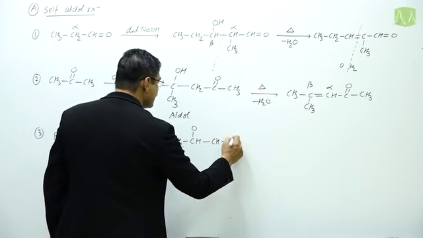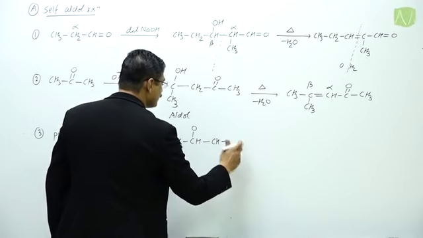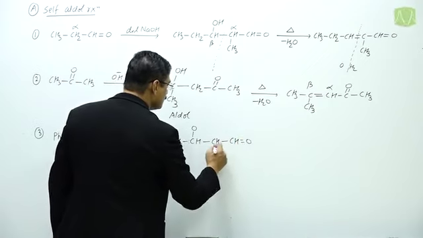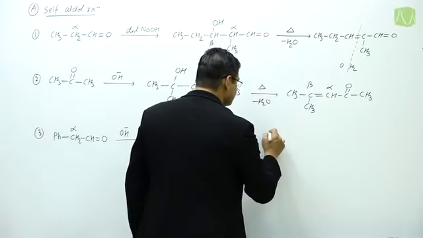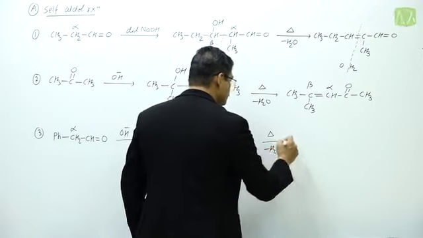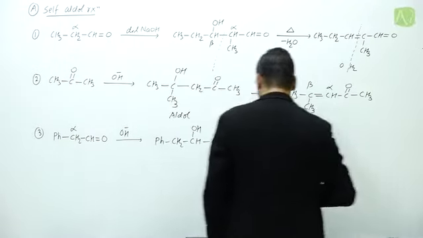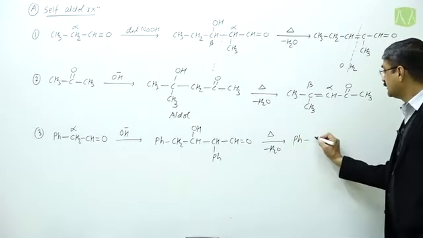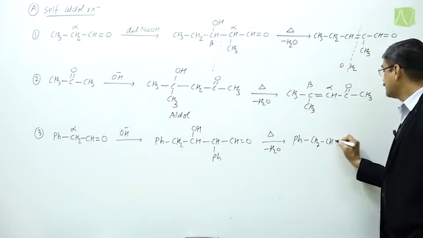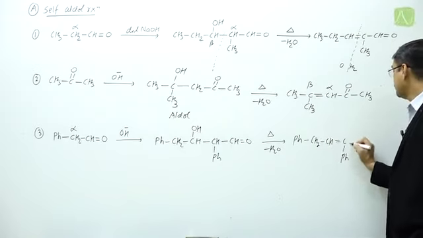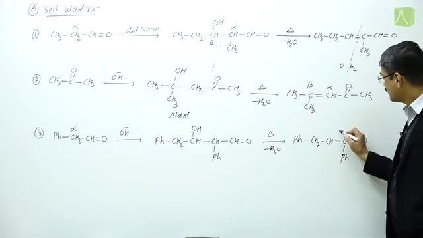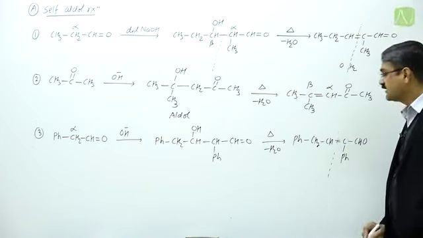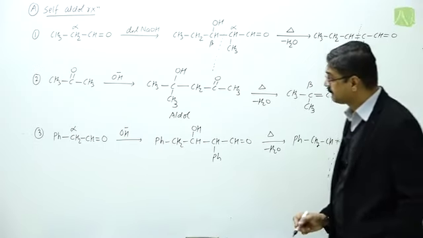So nucleophile is C minus, that is CHO and Ph. After heating, PhCH2CH=C(Ph)CHO is the product. In all the products we can find the reactants very easily.